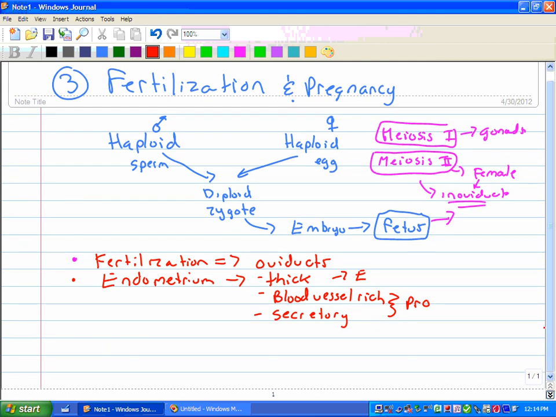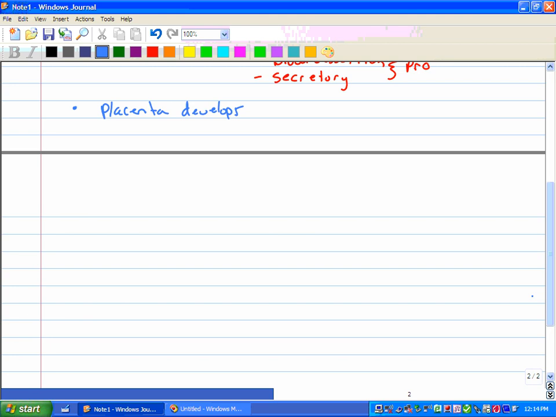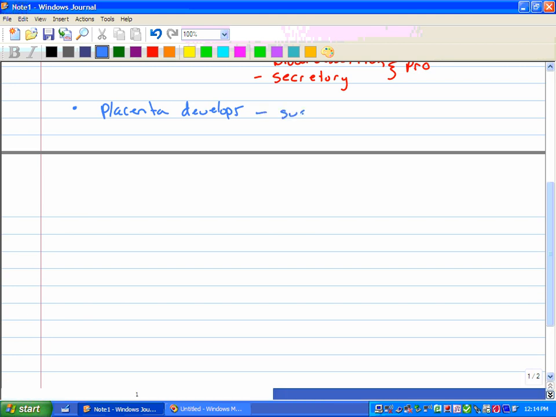So once that happens, once it's embedded into the endometrial wall, what's going to happen is the placenta starts to develop. And for those of you that don't know what the placenta is, it's pretty much the nutrient sac for the organism that's growing. So this sustains the embryo, or the developing fetus, through an umbilical cord.